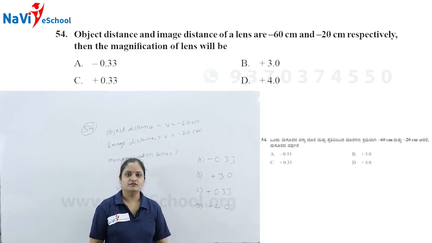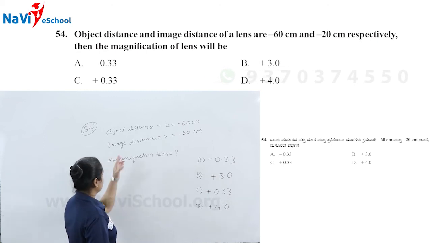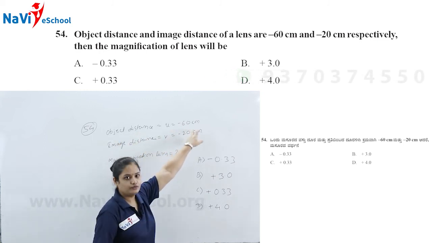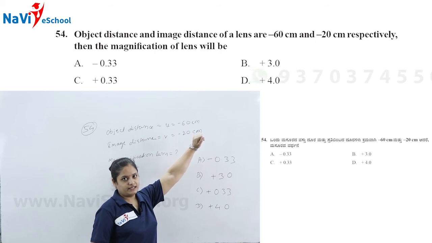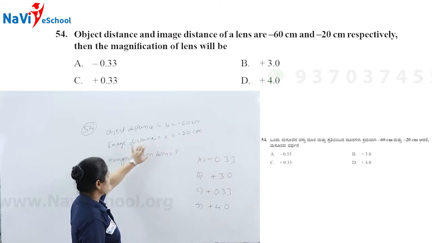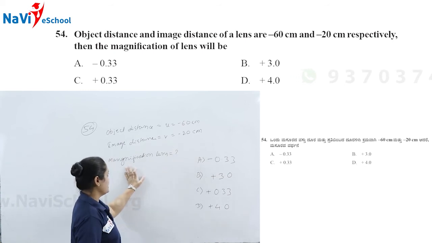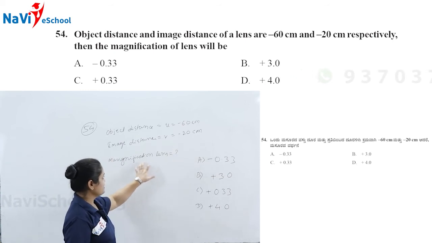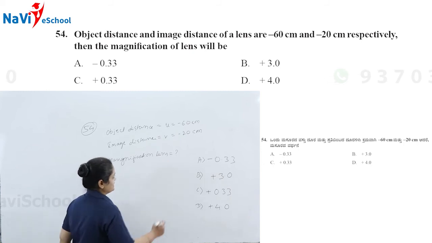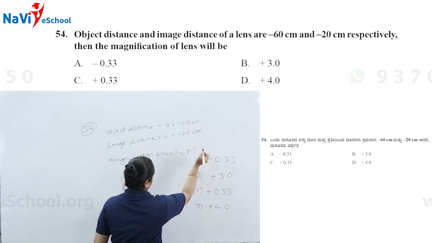From the question, object distance u is equal to minus 60 centimeter and image distance v is equal to minus 20 centimeter, and we have to find the magnification of the lens, that is m.